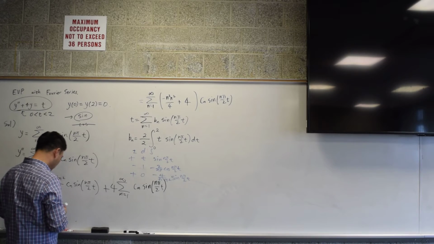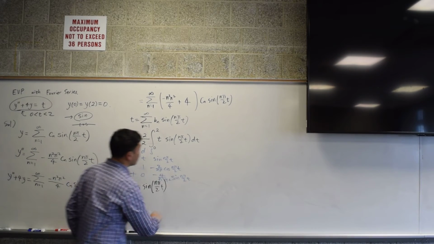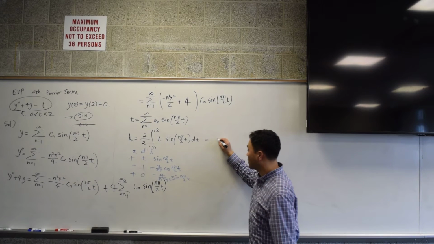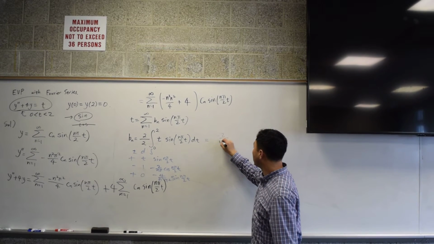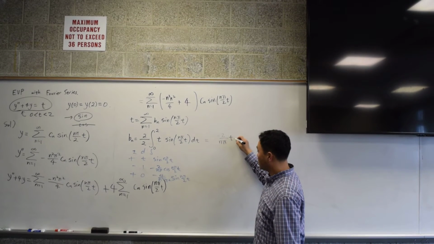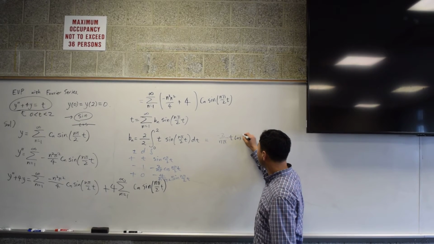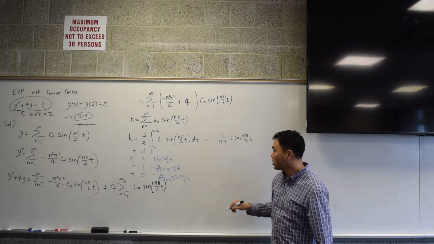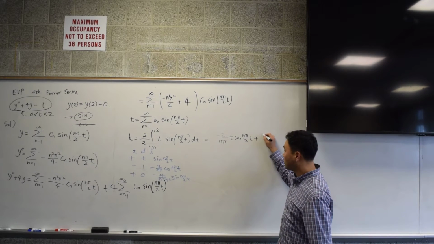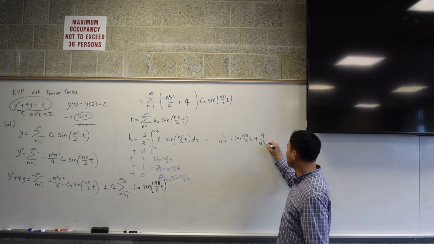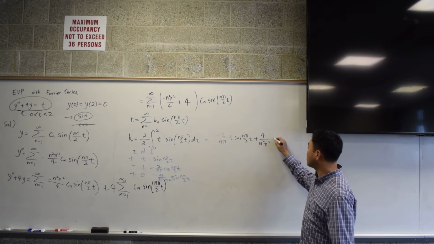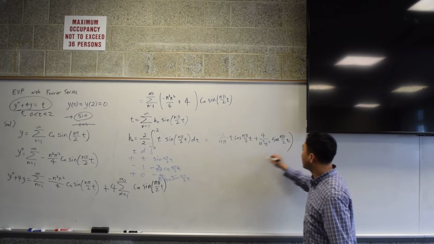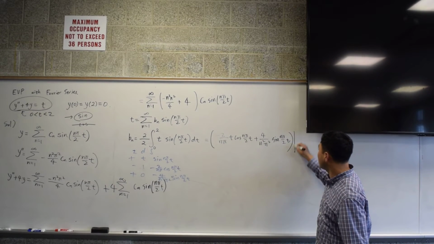That gives you the integral: negative 2 over n pi t cosine(n pi over 2 t) plus 4 over n squared pi squared sine(n pi over 2 t), and then you're plugging in 2 and 0.